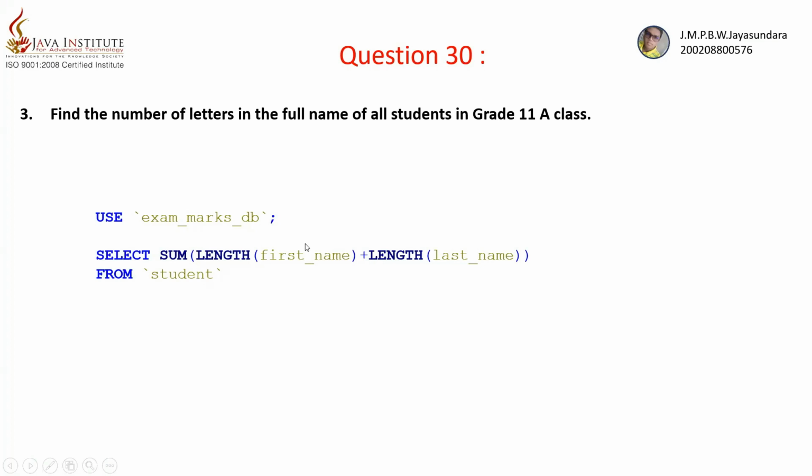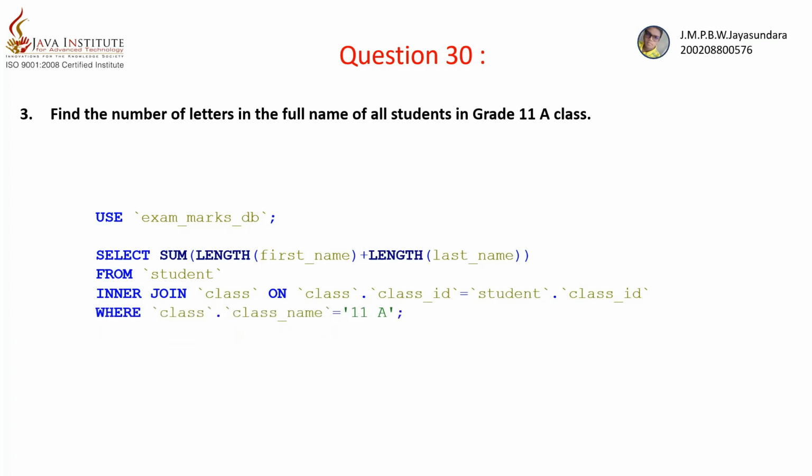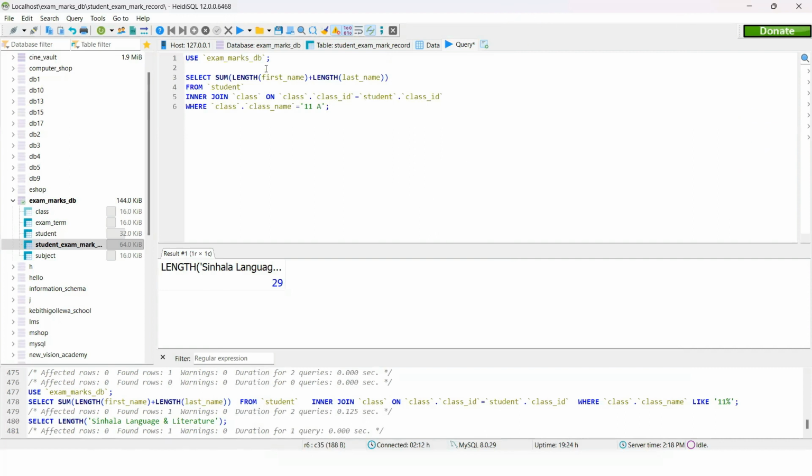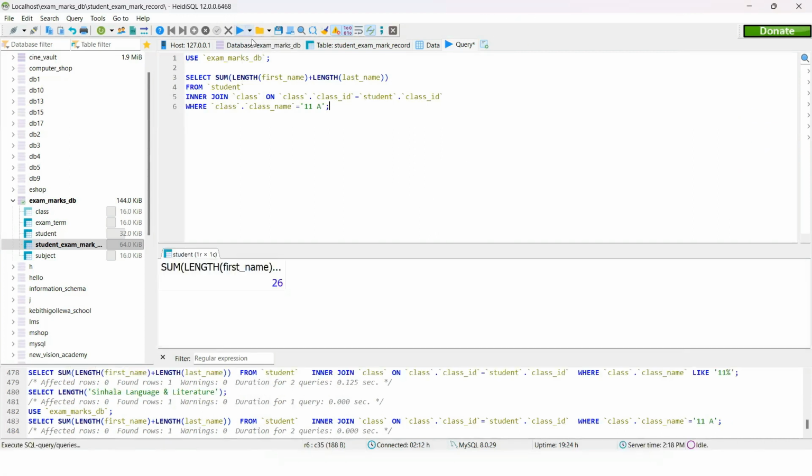After that we have joined the class table using the class table's class id column and the student table's class id column. Then we have inserted the condition as class table's class name must be equal to 11A. Let's go and execute this query. After inserting the query, we can click on this run button and it's going to give us the sum as 26.